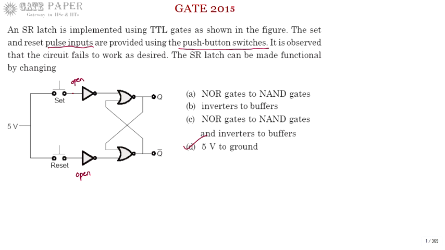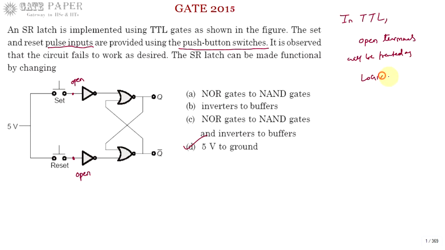That is for a general on-off switch, but this is a push button switch. Whenever you press it, only then is the contact made to the input; otherwise the input is treated as open. So the inputs of the inverters are under open condition for this circuit, and we are using TTL gates. In TTL, open inputs will be treated as logic high.